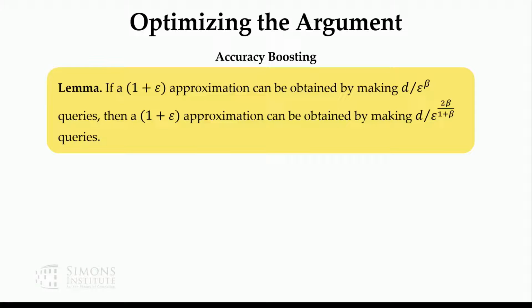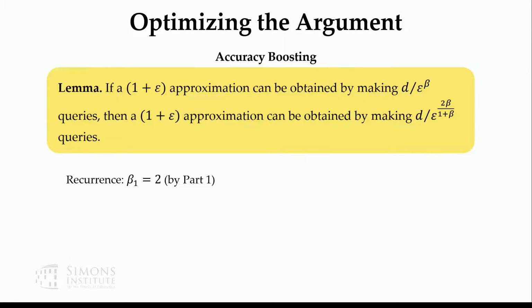So if beta is 2, d over epsilon squared is enough to get a 1 plus epsilon approximation. But then by this strong convexity, d over epsilon to the 4/3 was actually enough to get this 1 plus epsilon approximation.